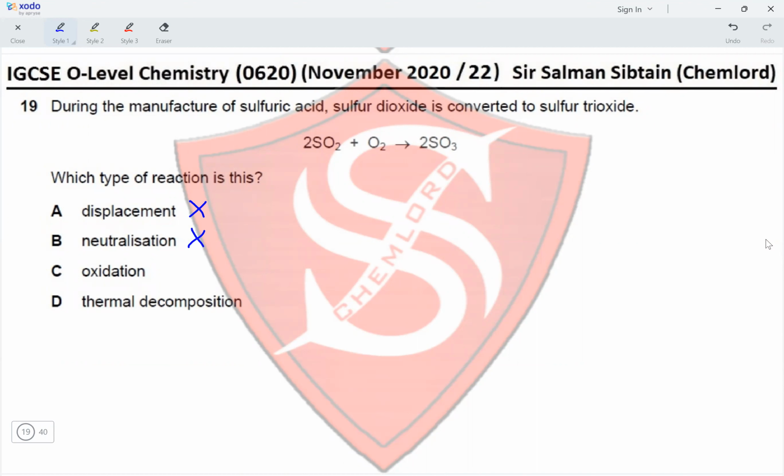Oxidation. So the oxidation state of sulfur in SO2 would be, we have two oxide ions, so 2 negative into 2 is -4. So in order to balance the charge, the oxidation state of sulfur would be +4. And in SO3, the oxidation state of oxide ion is -2, so total -6.